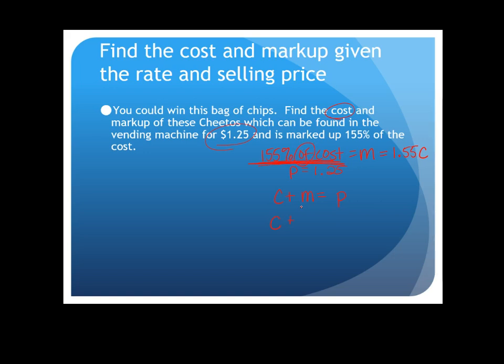So instead of M for markup, I'm going to put what M is equivalent to. It's kind of like substitution. So I'm going to put 1.55C, 155% of the cost. And that's what's going to give me my selling price.